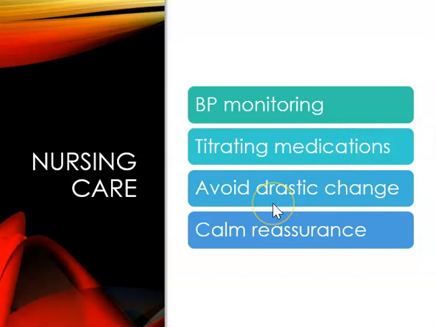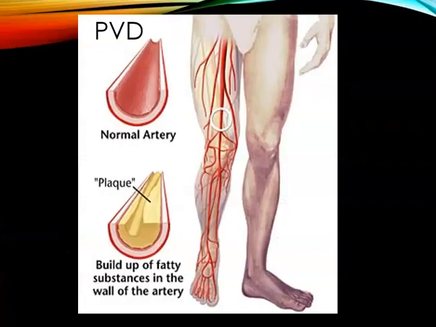Again, avoid a drastic change in this, no more than 25% in the hour, and then you're moving towards 160 over 100 in about 2 to 6 hours. So the higher it is, the longer it's going to take to control that. And then you're going to calmly reassure these patients. They're very nervous. They feel cruddy from the high blood pressure, so you're going to reassure them.